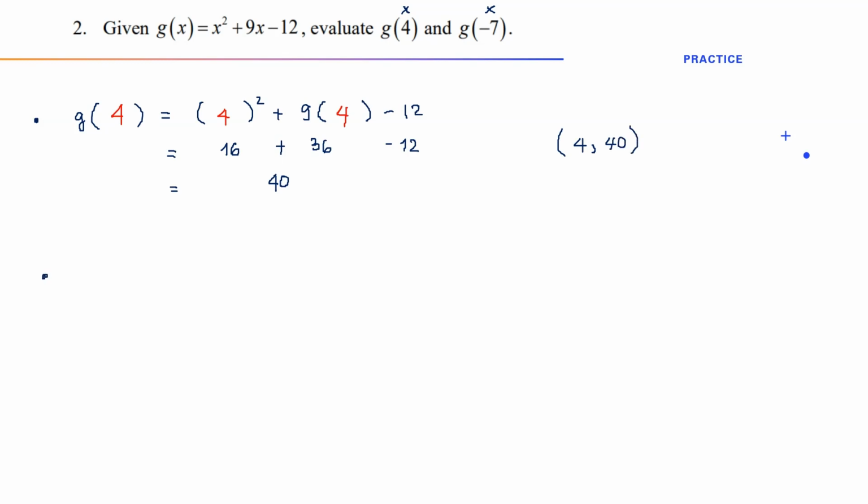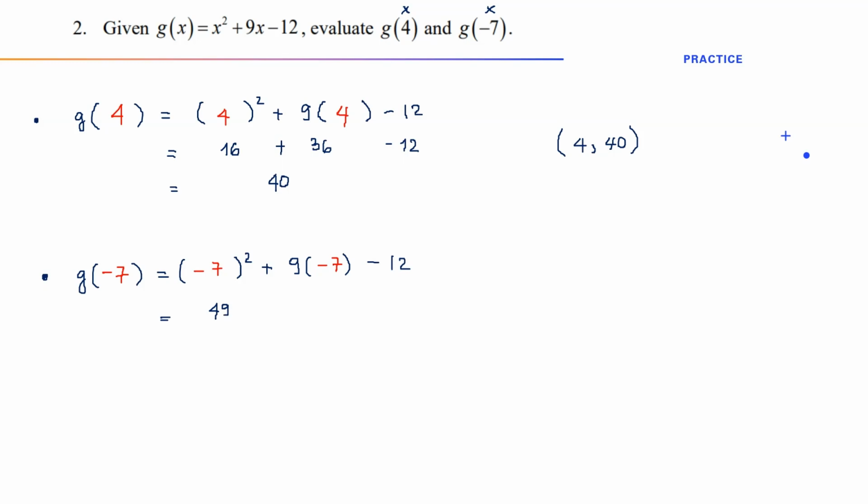Now, similarly for g of -7, so g of x equals x squared plus 9x minus 12. Now the value of x is -7. Okay, we calculate it: it is 49.